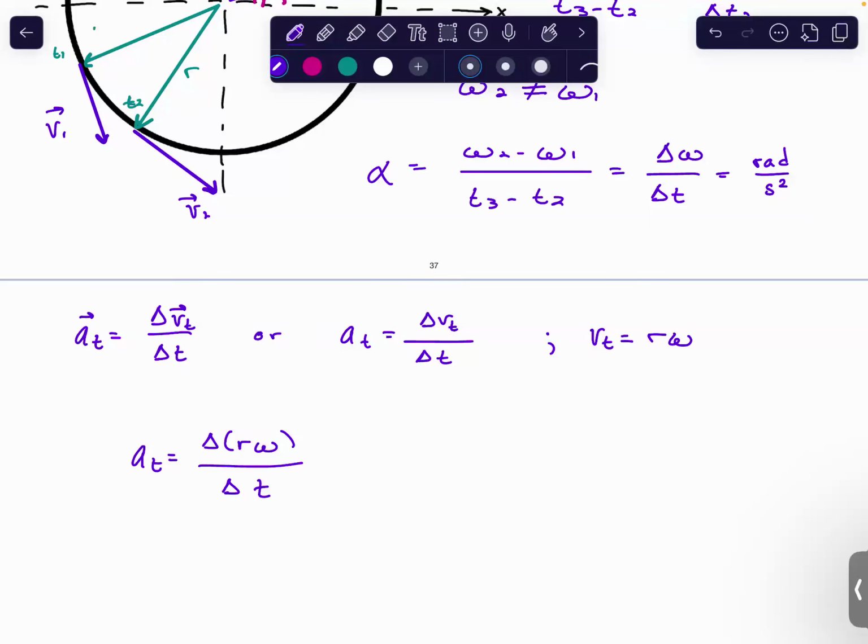If you're going around a circle, is r going to change? No. So what you're going to get is r delta omega over delta t, which we now know from above is r times alpha. So you get very similar equations for both your angular speed and your angular acceleration. Your tangential velocity is r times omega, which is your angular velocity. Your tangential acceleration is r times alpha, which is your angular acceleration.